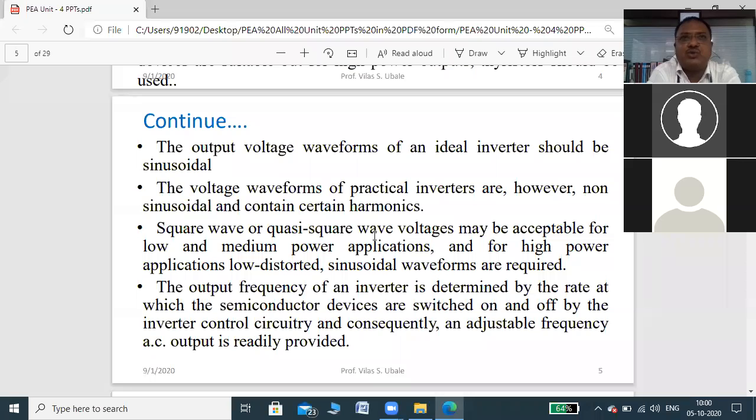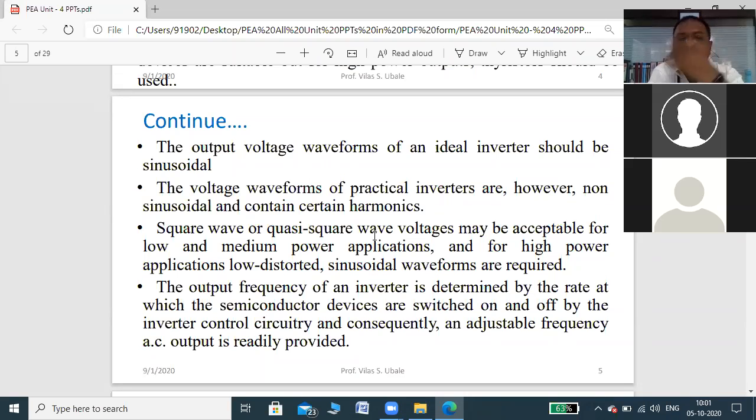Filter circuits remove some harmonics, and a wave shaping circuit converts the non-sinusoidal, square wave or quasi-square wave waveform into a wave close to a sine wave, not a pure sine wave, but close to it.